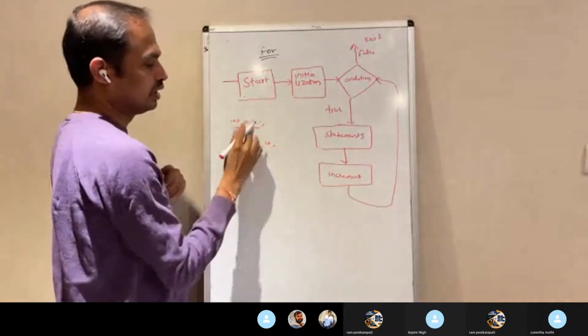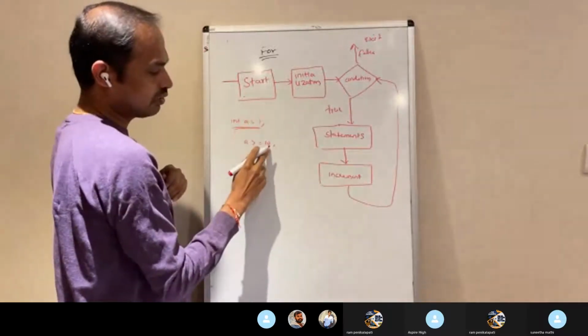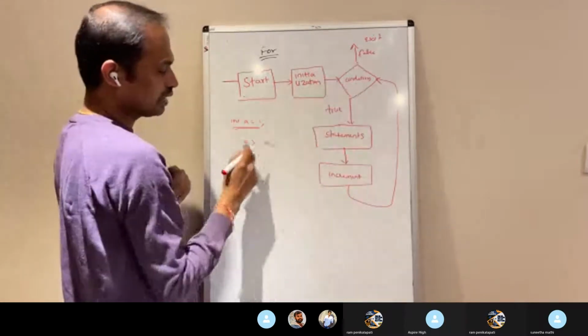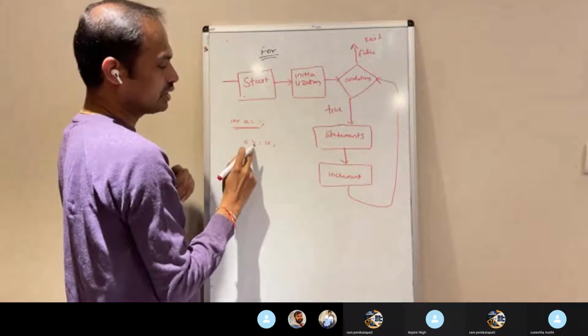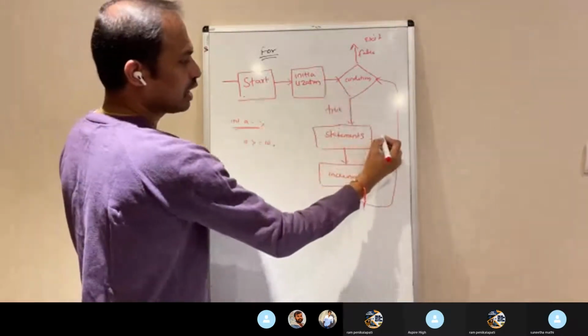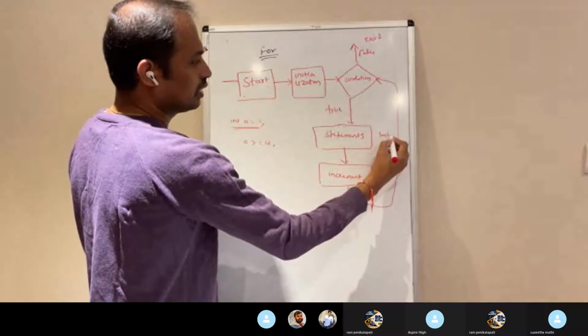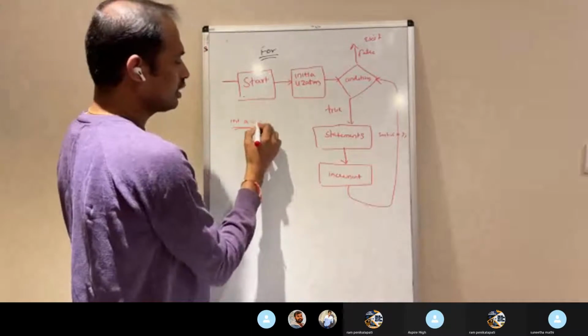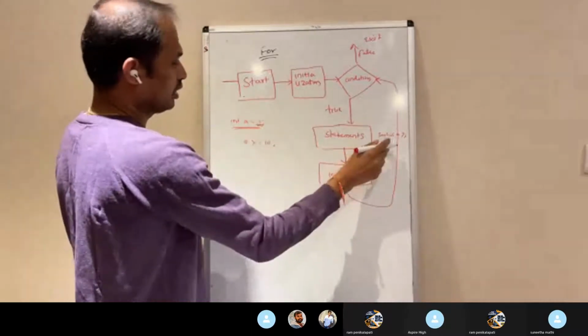This is the condition. 1 is less than or equal to 10, true or false. Whatever the condition that we put here, it will check it. Then if it is true, it will come and print. Suppose I have system.out.println, then it will print a value.